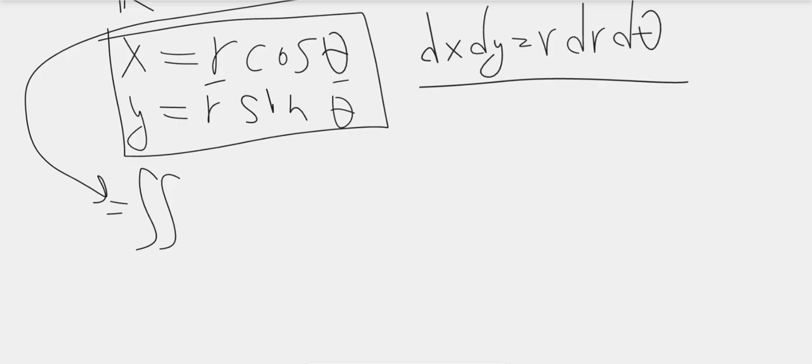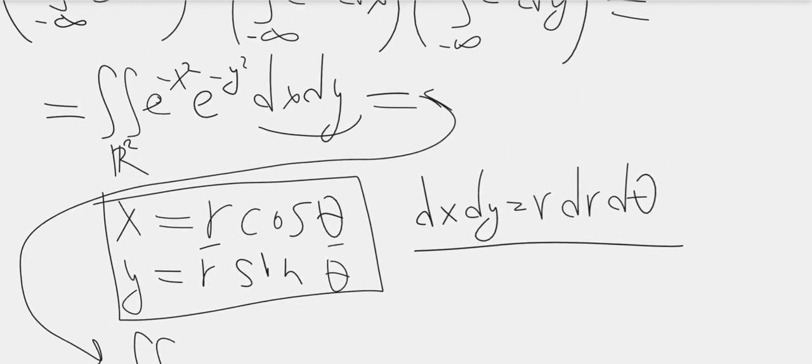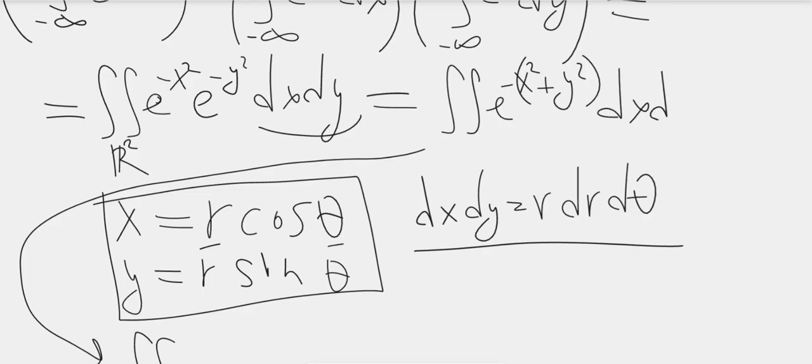Oh yeah, I forgot another thing. So here we notice that this can be rewritten as e to the power minus (x squared plus y squared) dx dy.